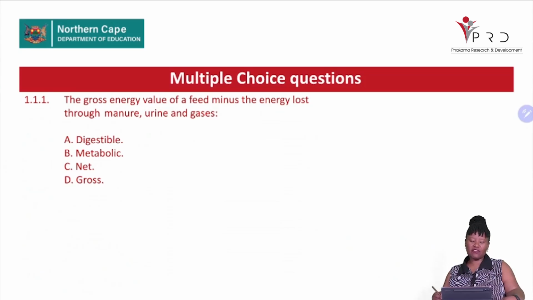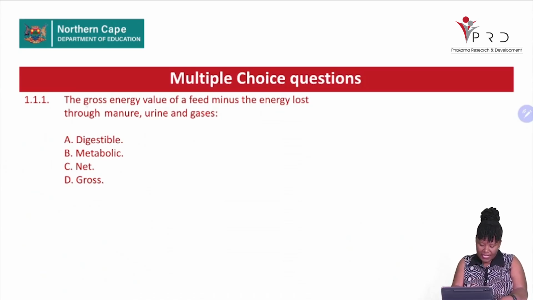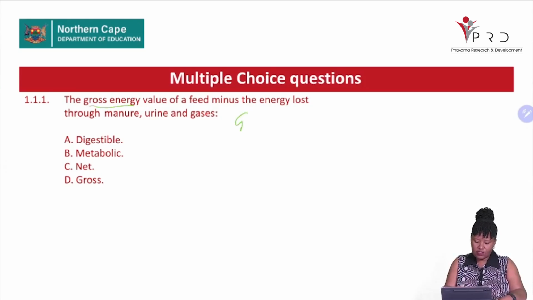The gross energy value of a feed minus energy lost through manure, through urine and gases. What are we looking at? It says gross energy value of feed minus the energy lost in manure, energy lost in urine and gases.